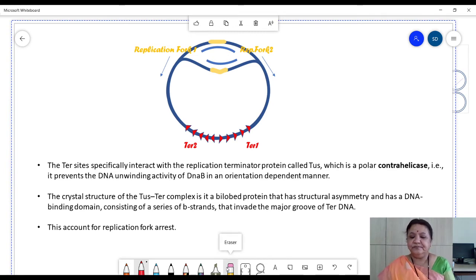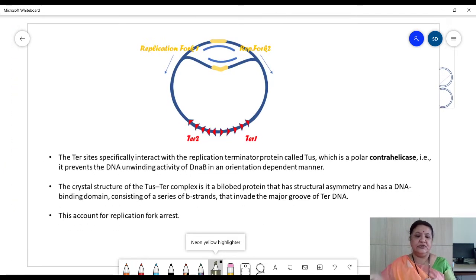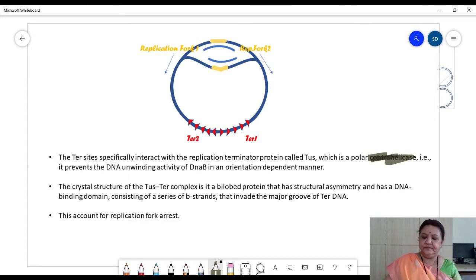These contrahelicase proteins act in a manner opposite to helicase. That means helicase unwinds the DNA strand, whereas they oppose this unwinding.